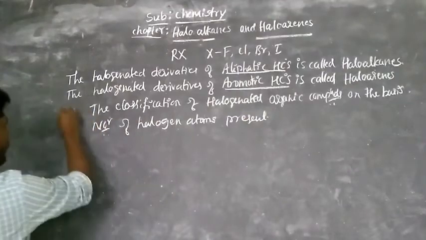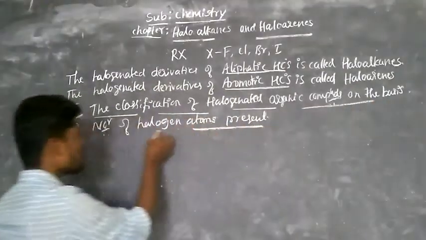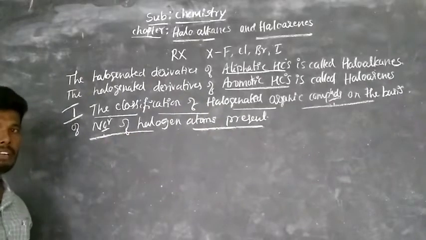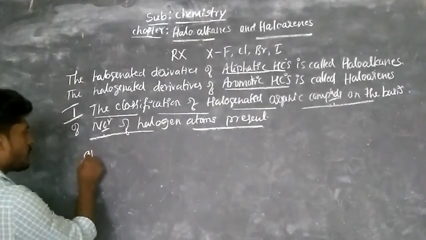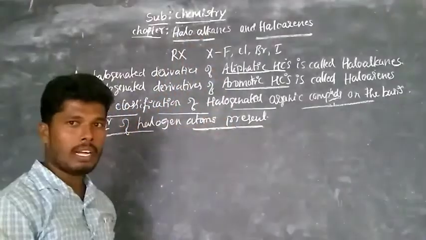So this is the first classification, that is, classification of halogenated organic compounds on the basis of number of halogen atoms present. Under that, the first one is classification of haloalkanes on the basis of number of halogen atoms present.